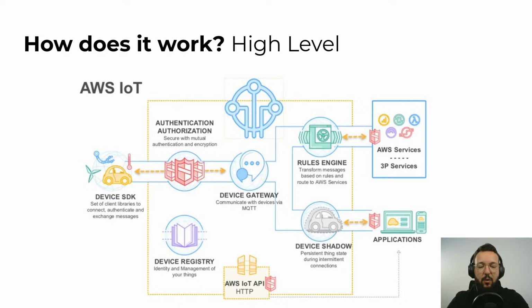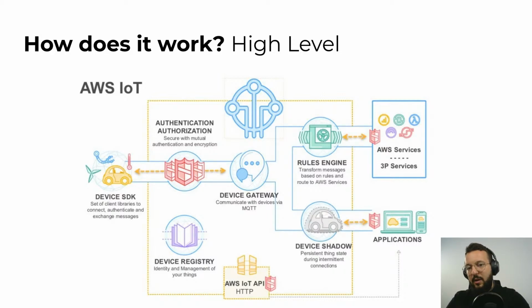So IoT Core itself as a service, when we talk about the device gateway and the message broker, is not a huge vendor lock-in. However, using everything around IoT Core, like device SDKs and integrations, rules engines, device shadows, and so on, here lies the problem of vendor lock-in, because you are buying into more and more things, and after having a significant amount of those services inside your architecture, it will be very hard to go out and change the underlying service.